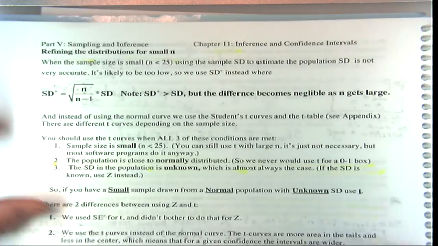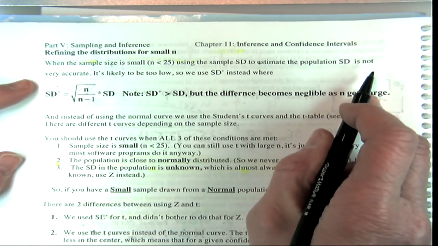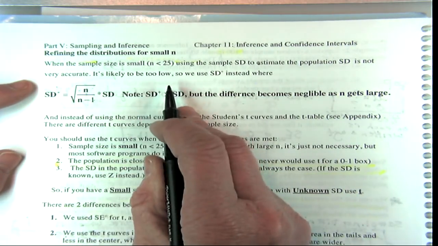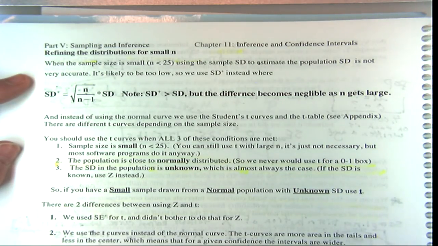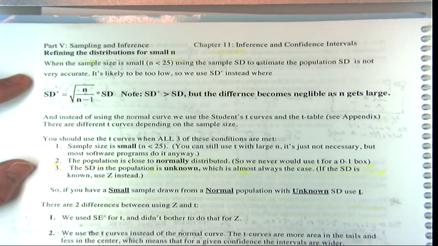With a small sample size, using the sample SD to estimate the population SD is not very accurate. It's likely to be too low, so we make an adjustment. The key thing is, the problem is we're trying to estimate sigma without any other information about it. The mean doesn't tell us anything about it. So now we're in this situation where we have to make a better estimate.